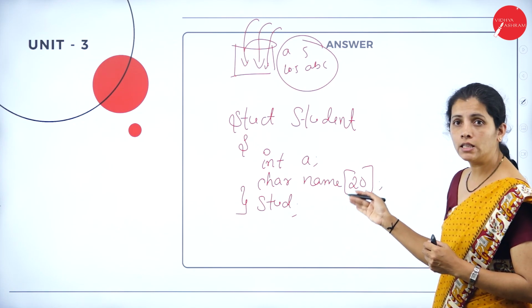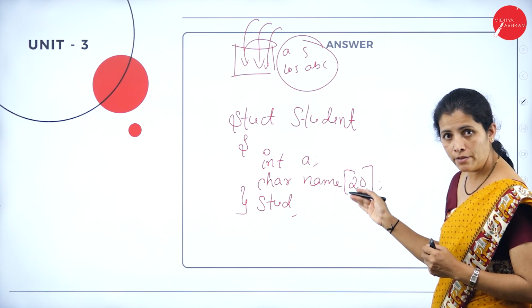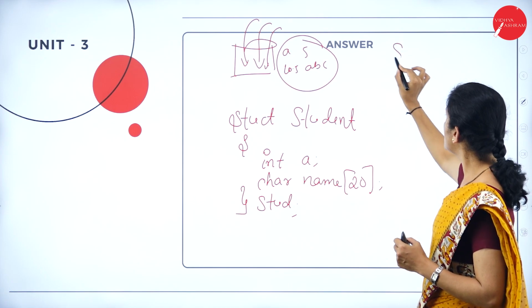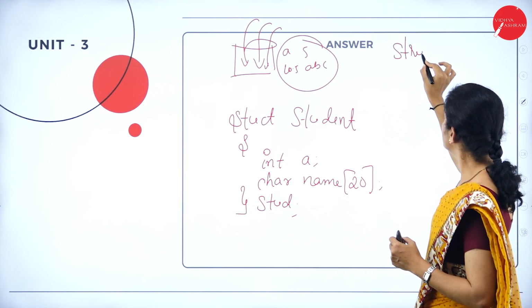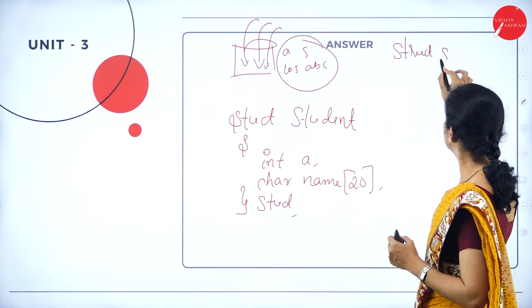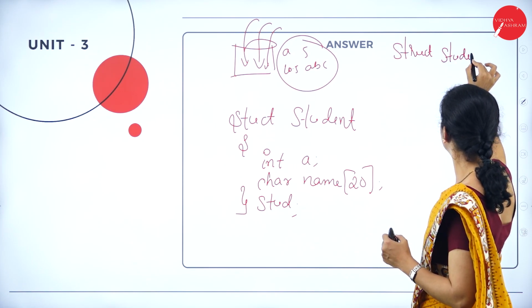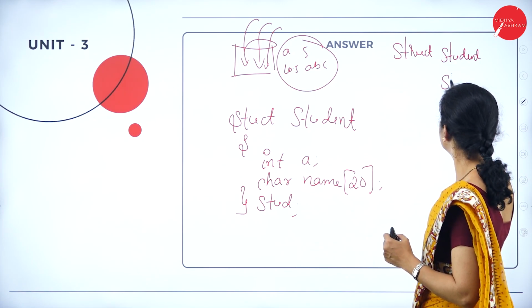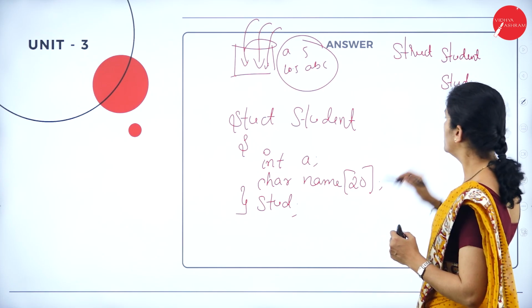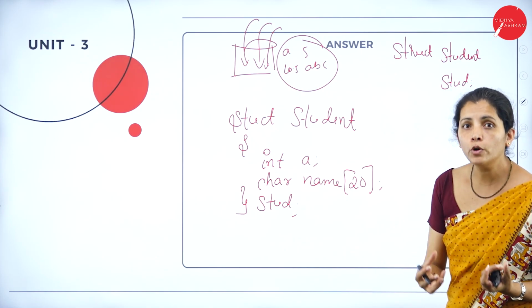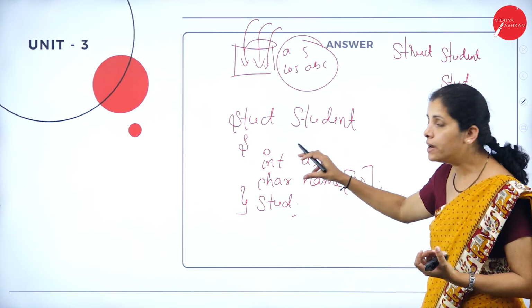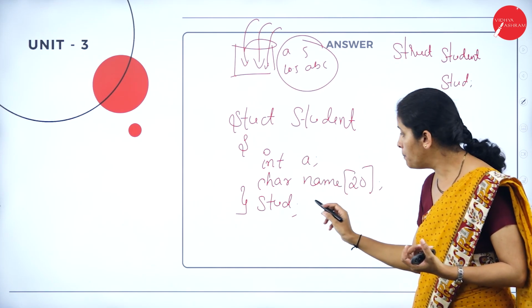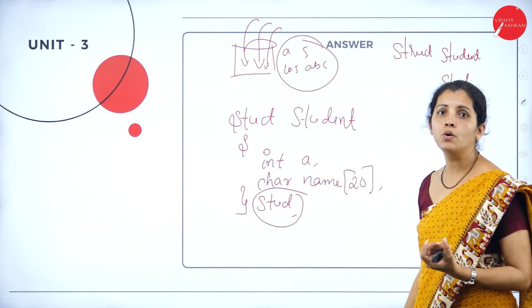If I create the structure variable inside the main function, then I must start with the keyword struct student, then stud.